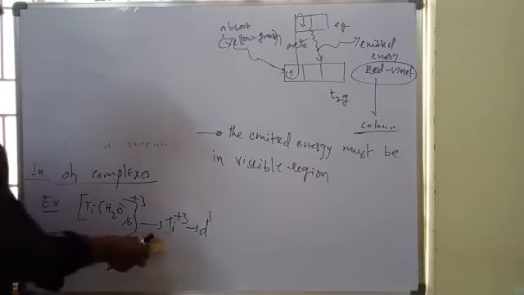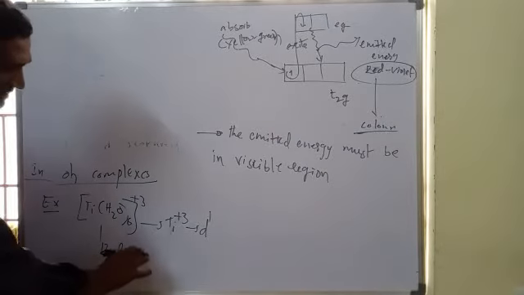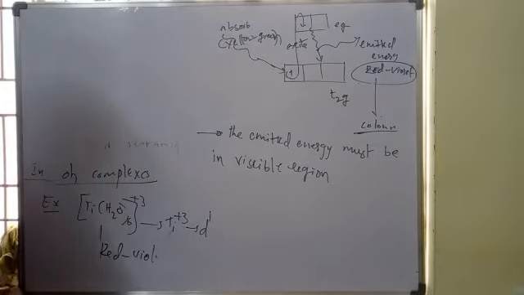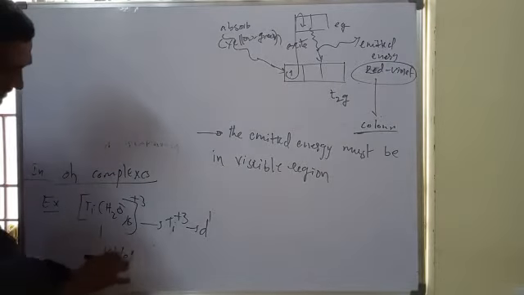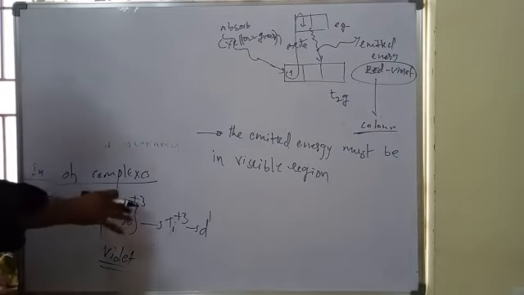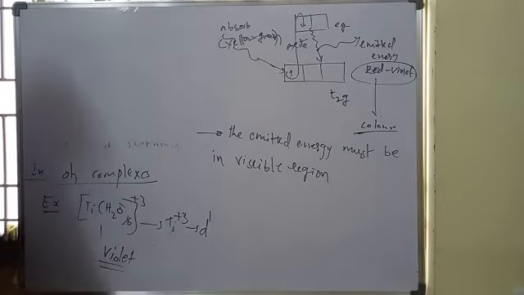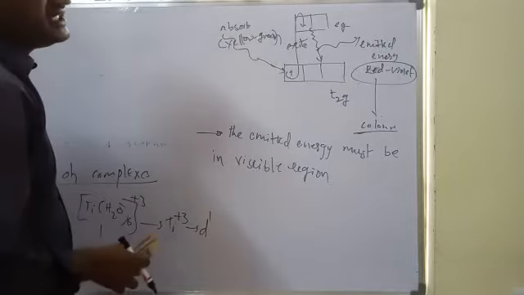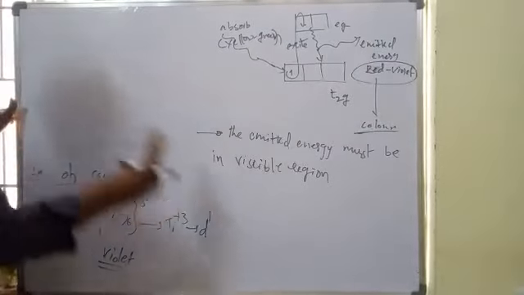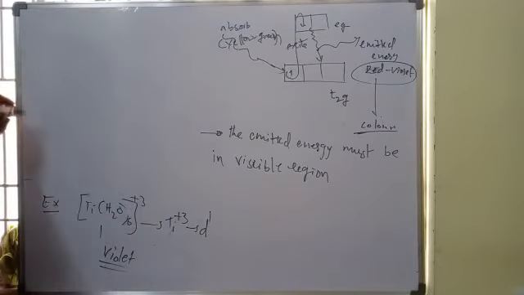Titanium plus 3's actual color is red-violet, or generally reddish violet or violet, we can consider. The violet color is because it absorbs energy in the yellow-green region and the emitted energy is red-violet.